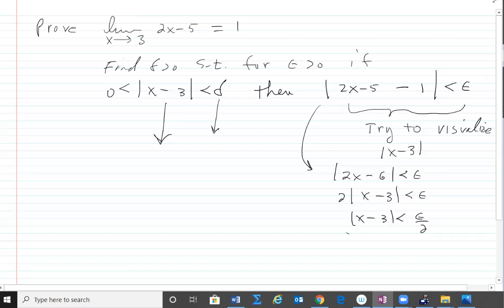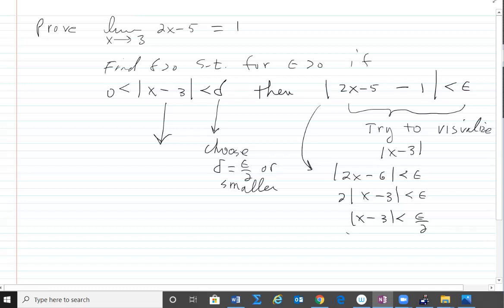I can use a smaller number than that, but if I make it no bigger than that, in other words, choose delta as epsilon over 2 or smaller. Okay, so this would be the largest delta that I would use for this. If I chose it as epsilon over 2 or smaller, then I would be able to make this claim.